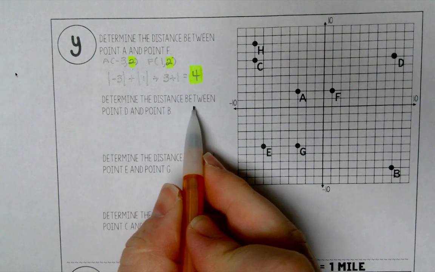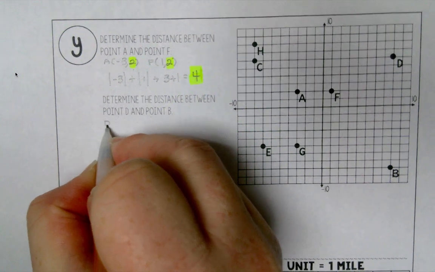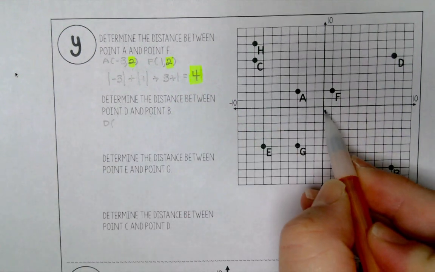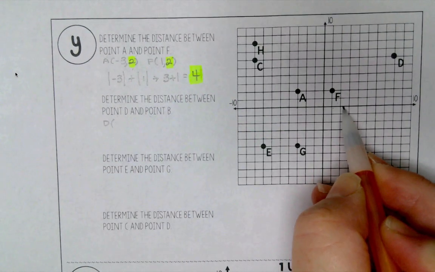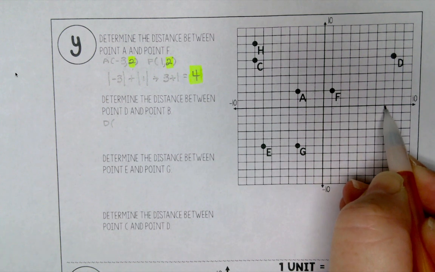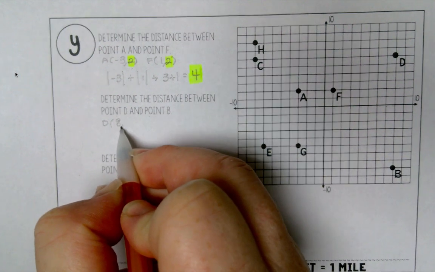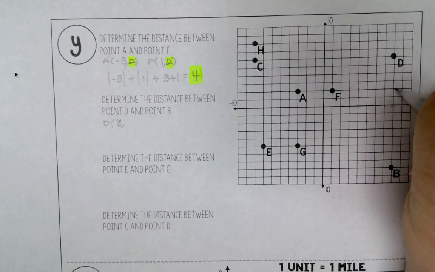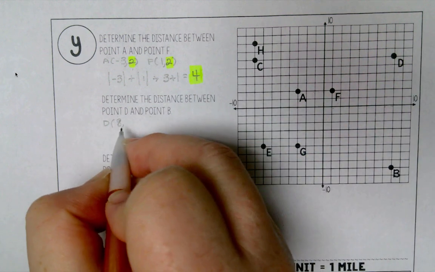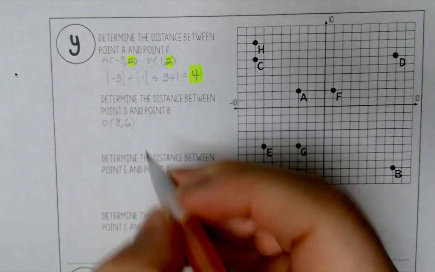Determine the distance between point D and point B. Point D, from the origin, 1, 2, 3, 4, 5, 6, 7, 8, positive 8, and going up, 1, 2, 3, 4, 5, 6. Positive 8, positive 6. Going to the right is positive, going up is positive.